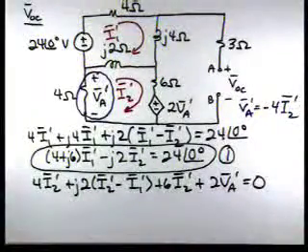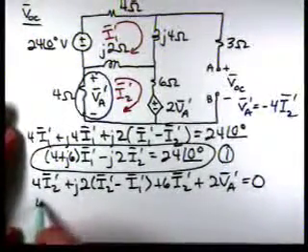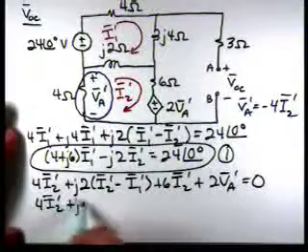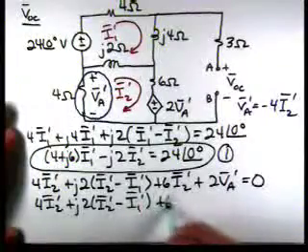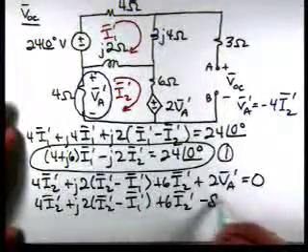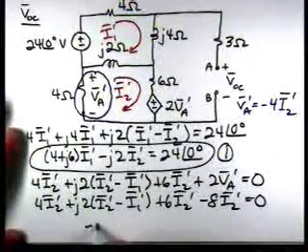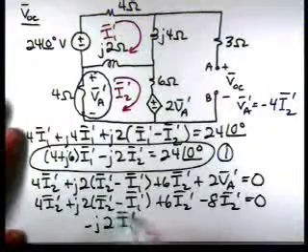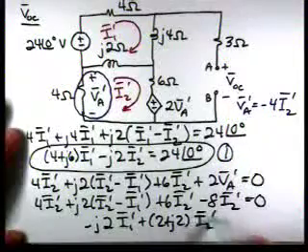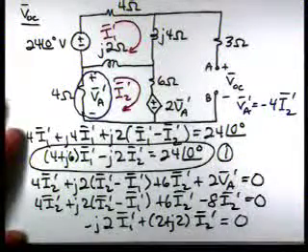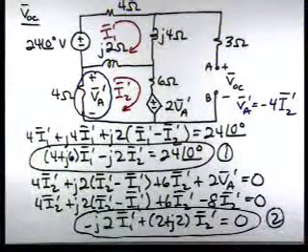So now let's substitute in. We'll have 4 I2 prime plus J2 times I2 prime minus I1 prime plus 6 I2 prime minus 8 I2 prime equal to 0. So that gives us minus J2 I1 prime plus 2 plus J2 I2 prime equal to 0. Alright, there's the second of our two equations.